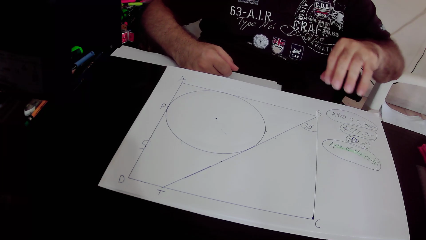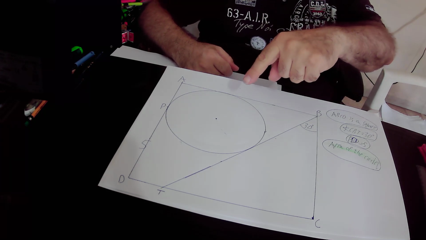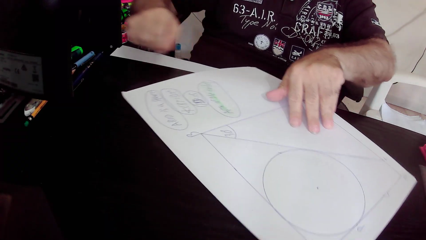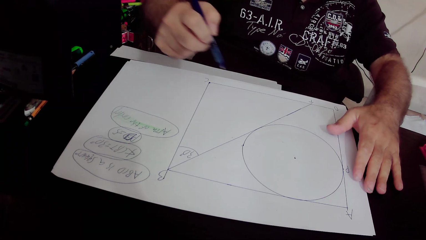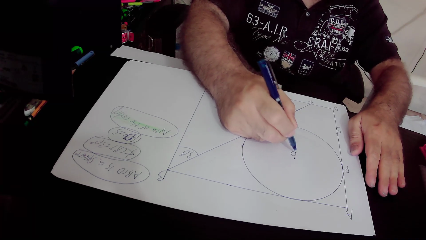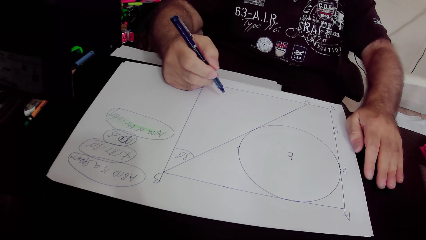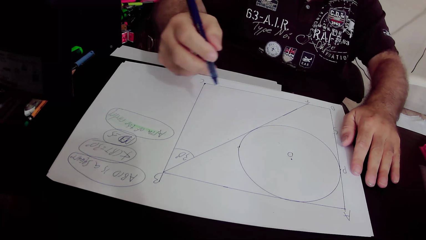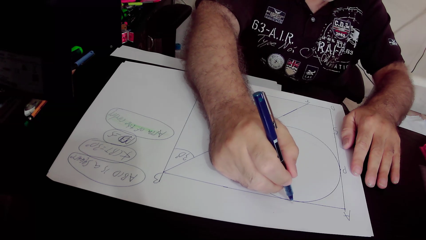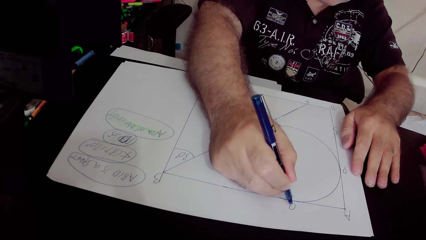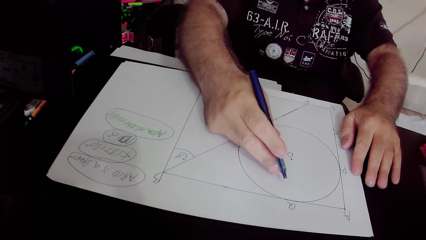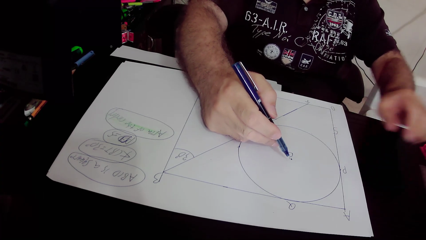Okay, so first of all, we'll define the center of this circle as O. We will join here, and the point of tangency of tangent AB with this circle is point Q. So we'll join points Q and O together by a straight line.